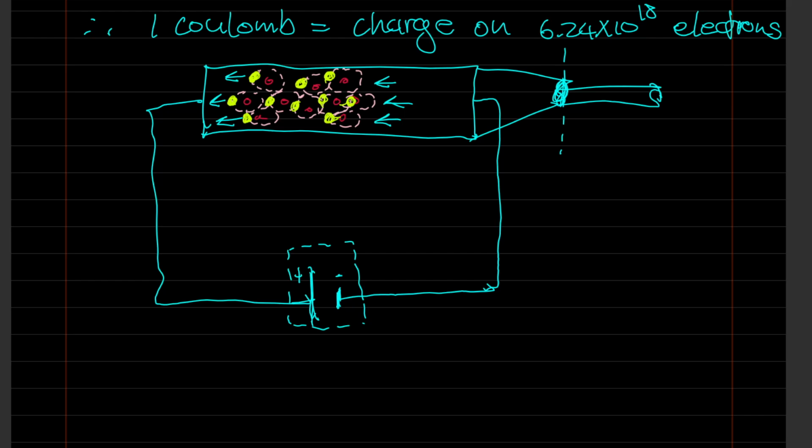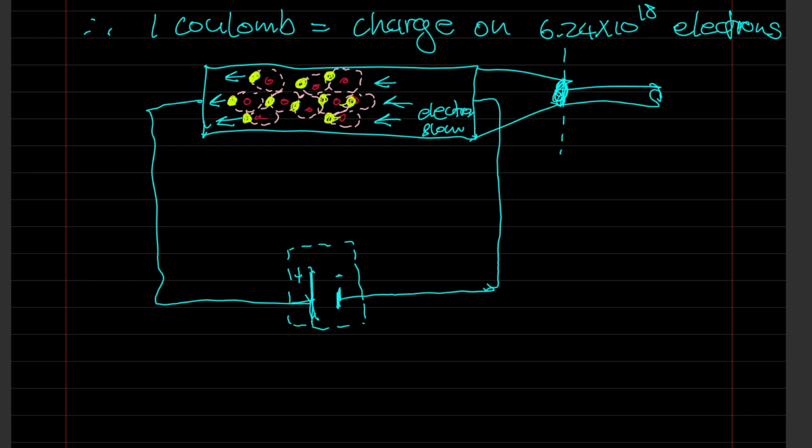Now, the direction of conventional current will be opposite to the direction of flow of these electrons. So this is electron flow, basically. Electron flow, that's the direction in which these electrons are flowing. But as you may all know, we will not follow that standard direction.